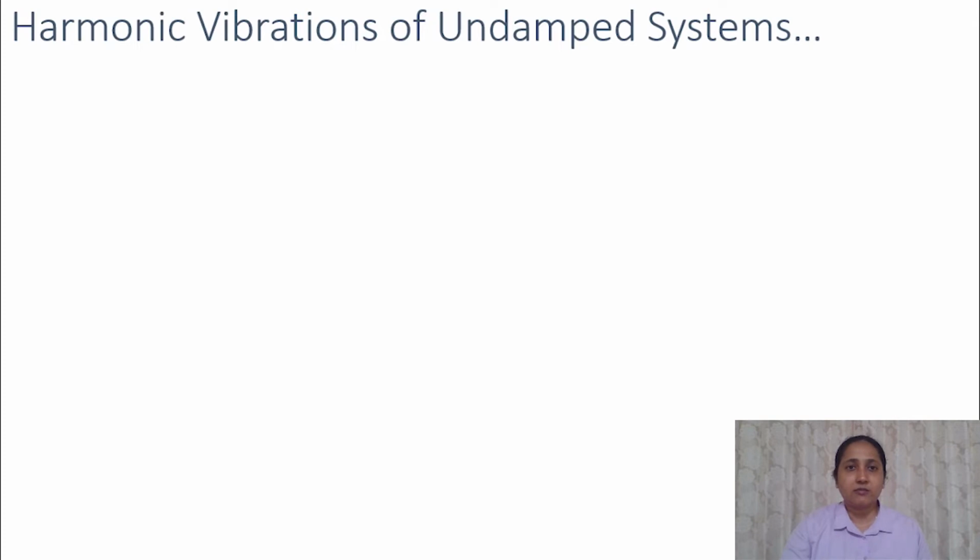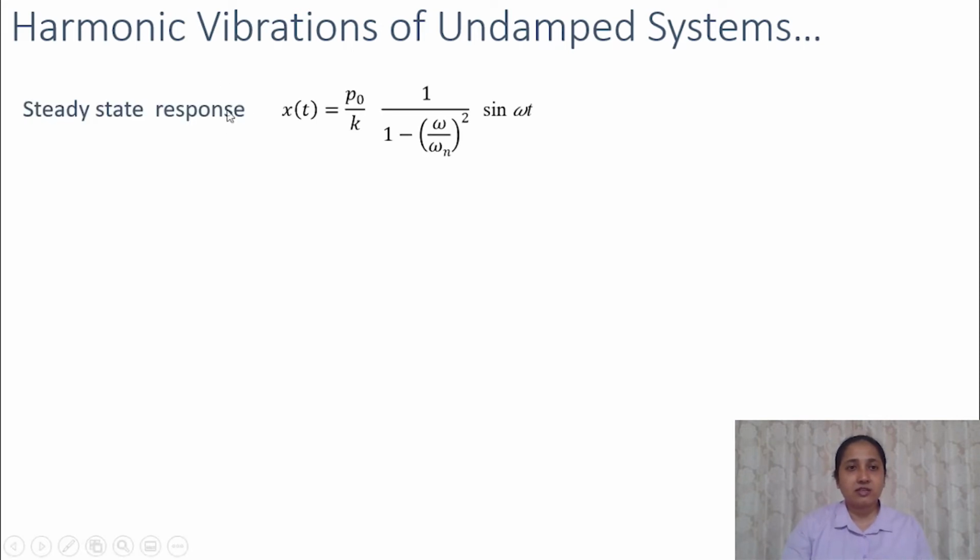Now we will look at the steady state response in a little more detail. The steady state response will be present even after the transient response dies out. The steady state response is this, as we have seen earlier. The amplitude of this steady state response is equal to P0 by K multiplied by 1 by 1 minus frequency ratio square.